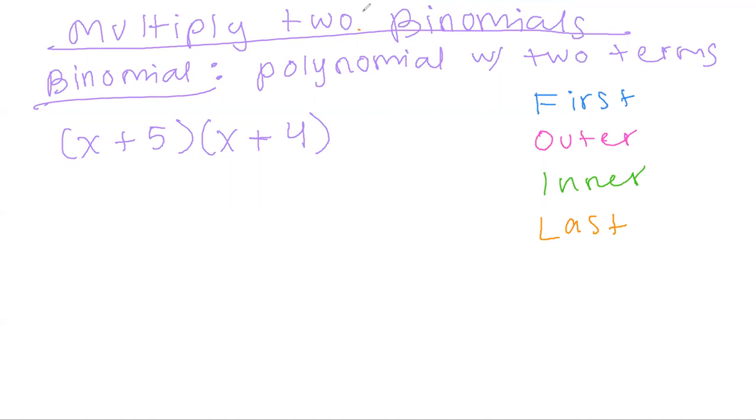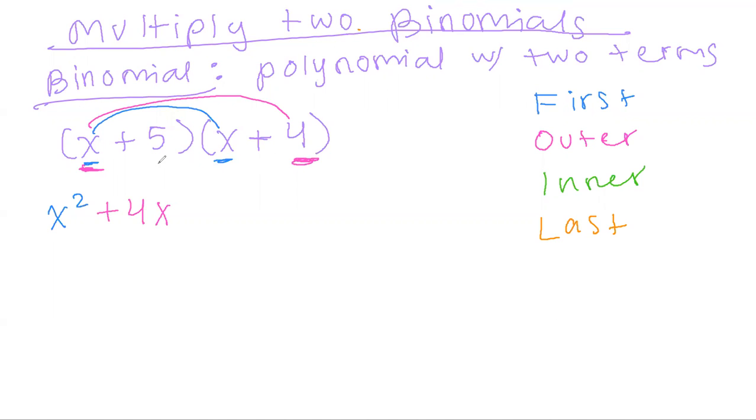So first, that just means I start with the first terms of each binomial. So I have x times x, which is x squared. Then I do outer, so that's just referring to the outer terms. So x times 4, so that gives me plus 4x.